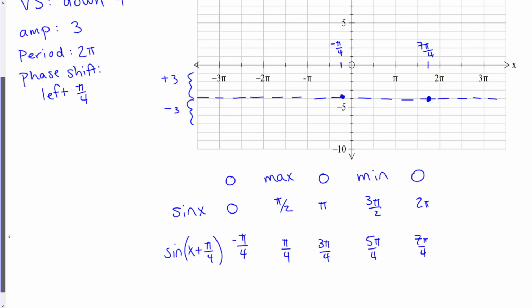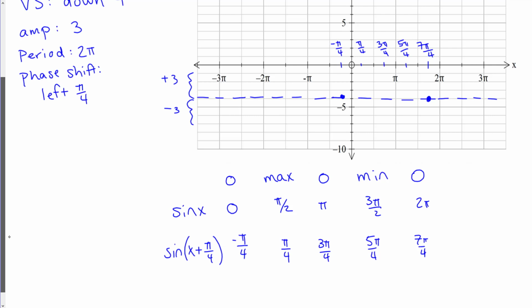So we just need to know where these points are. And on my graph, this would be pi over 4. This would be 3 pi over 4. And this would be 5 pi over 4. Now, at negative pi over 4, I'm at 0, my horizontal axis.